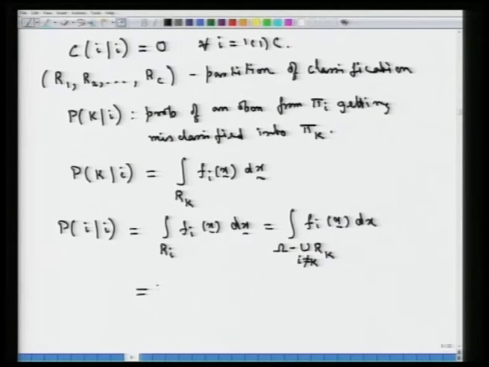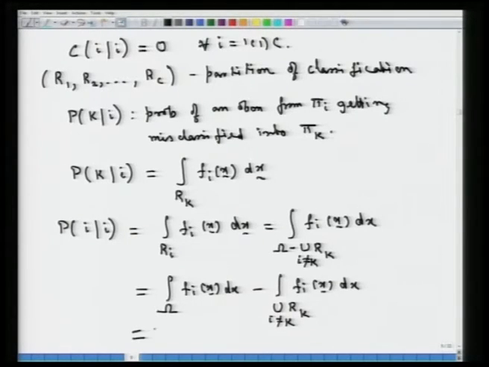So, the first term would be the integral over omega of f_i(x) dx, which is going to be equal to 1, and the next term is over the union of the R_k regions, k not equal to i, of f_i(x) dx.